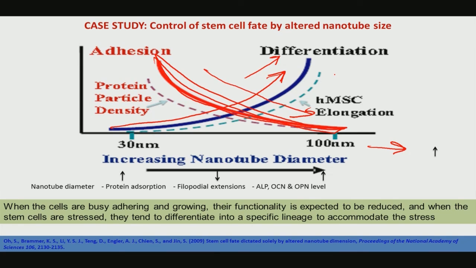The other things that I have mentioned in this slide towards the lower side: if you increase the nanotube diameter, it means larger protein adsorption also takes place, because nanotubes typically facilitate or allow more and more cell-specific proteins like bovine serum albumin, fibronectin or vitronectin.